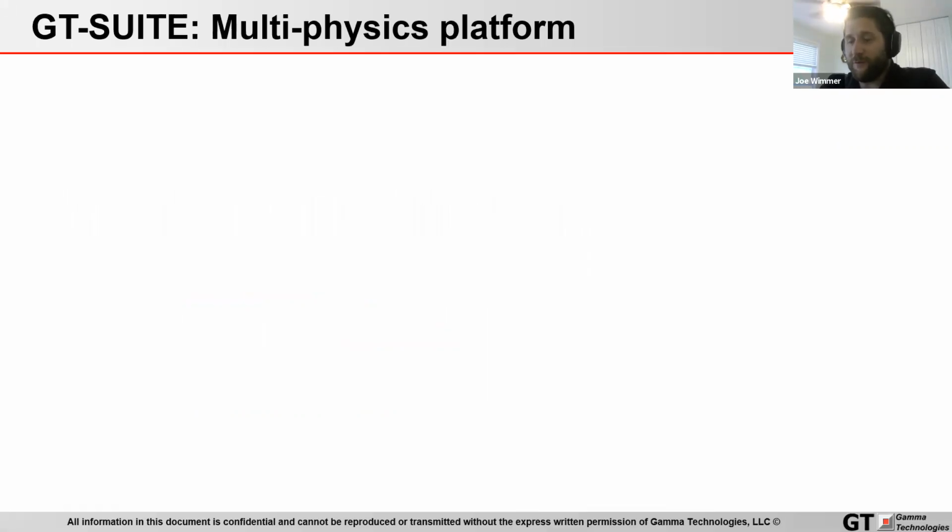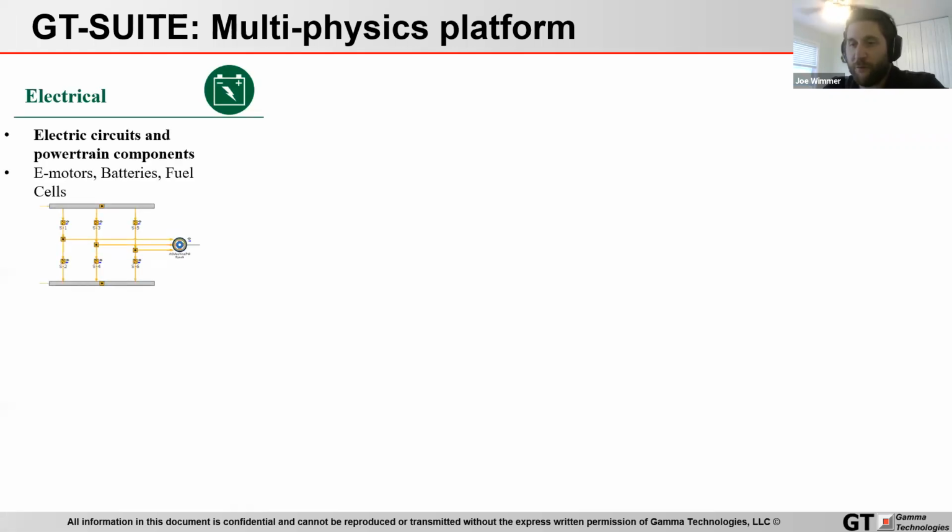First and foremost, GT Suite is a multi-physics modeling platform. I know we use the term multi-physics a lot, so I want to dive into a few examples. Of course, we have electrical domain modeling capabilities, including being able to model electric machines, inverters, batteries, fuel cells, all the way down to simplified electrical components.